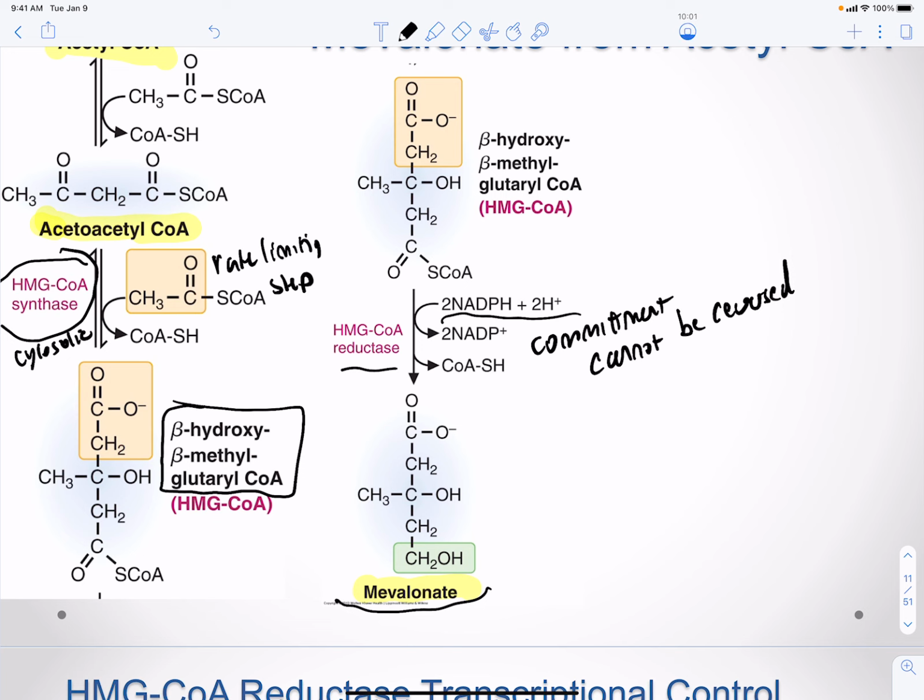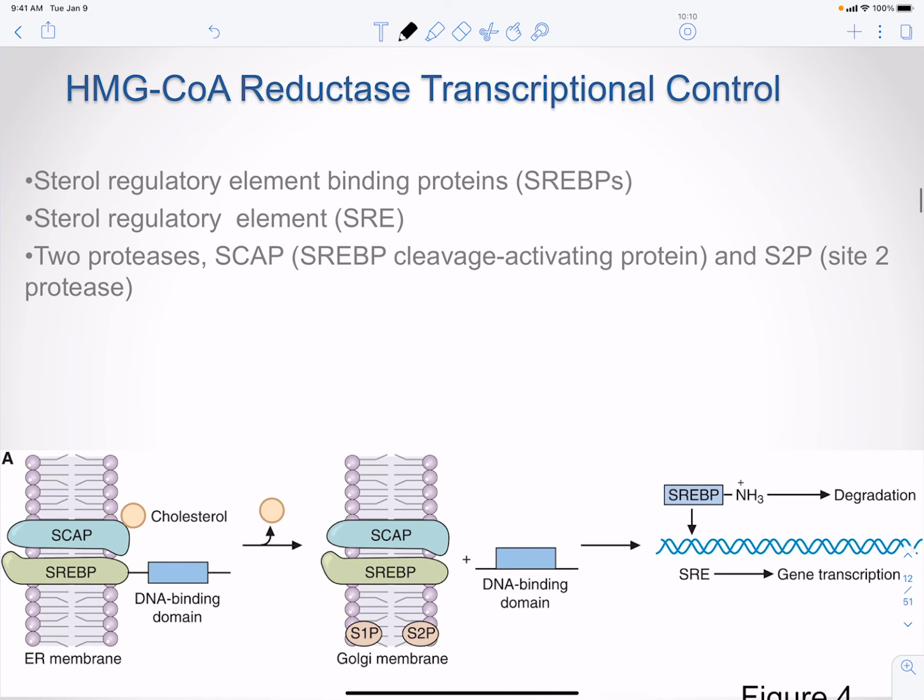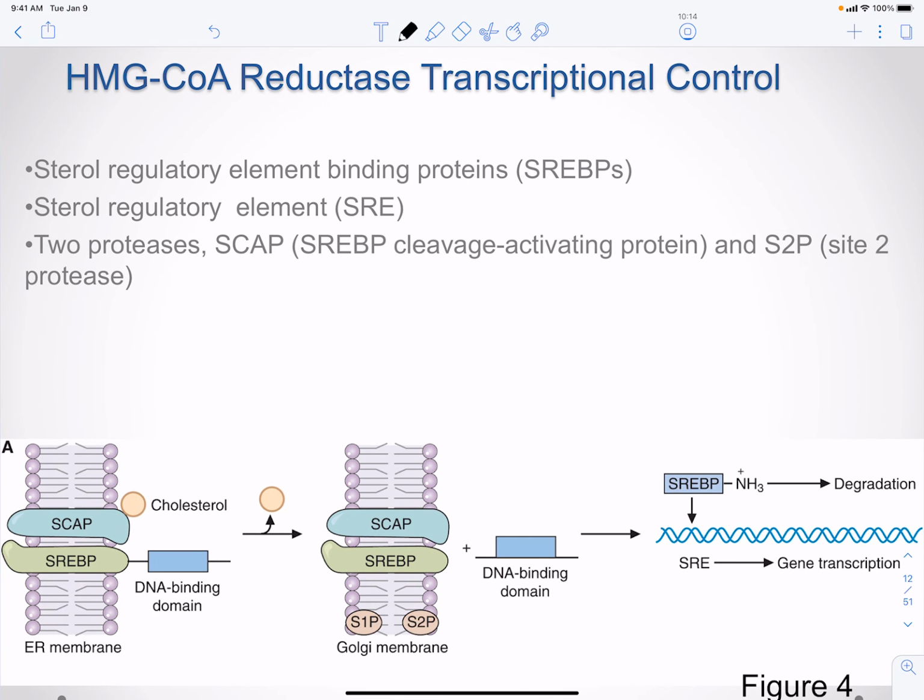Since this is the commitment step, your HMG-CoA reductase is going to have to be controlled at many levels. So the first level of control is going to be at the level of transcription. So we have in our endoplasmic reticulum, so ER, sterol regulatory element binding proteins, which are these.